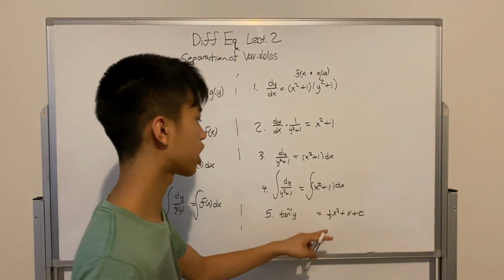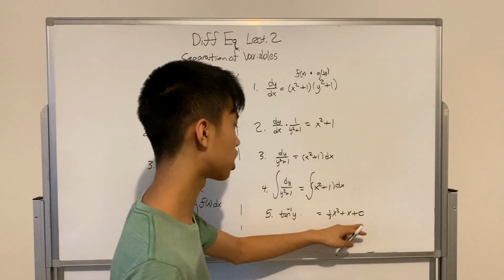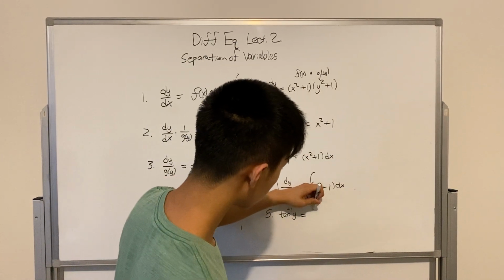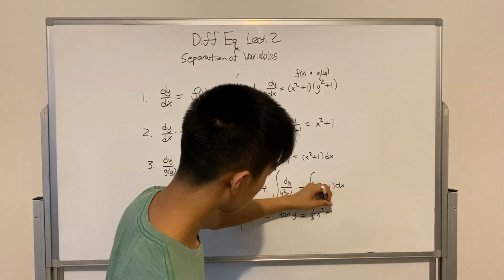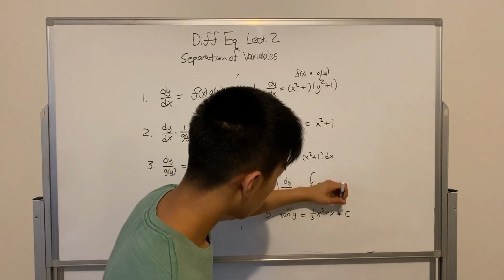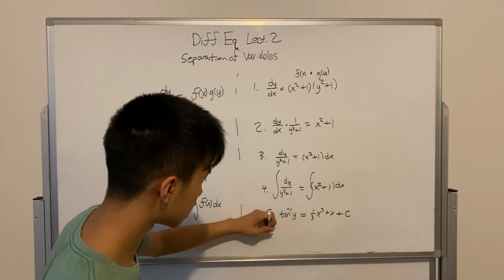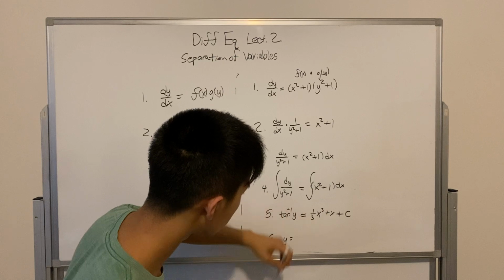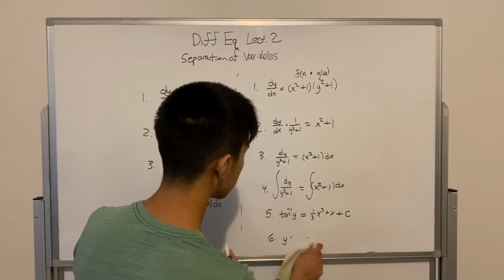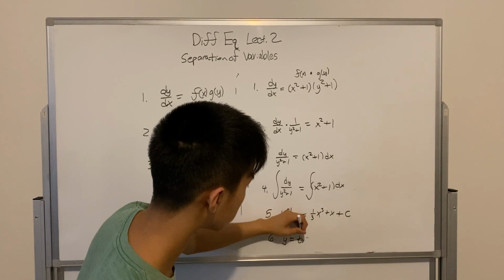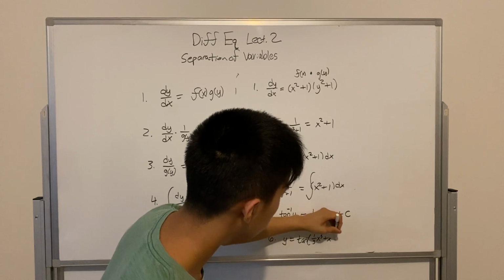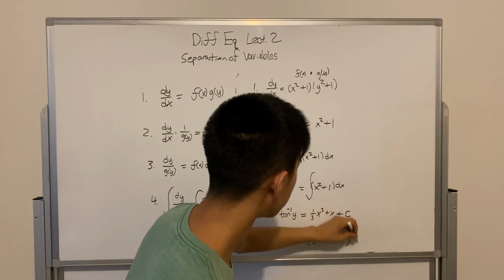So we just subtract c1 from both sides to end up with one constant on this side. Now we can take the tangent of everything. So that leaves us with y equals tangent of 1/3 x cubed plus x plus c. This is the general solution.